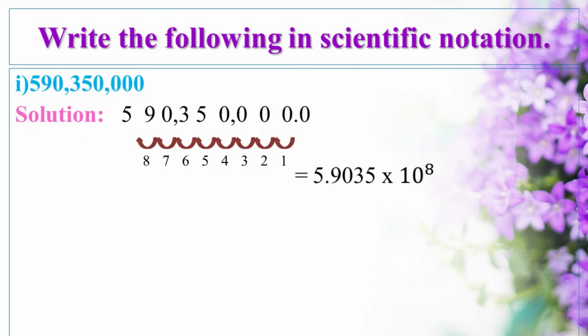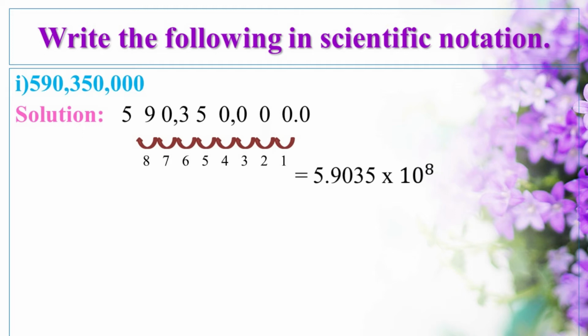And also we follow the rule that only one number is before the decimal point, 5. The other numbers after the decimal point are written as they are in the given number. This is the solution: 5.9035 into 10 power 8.